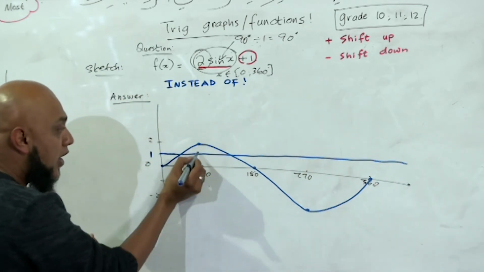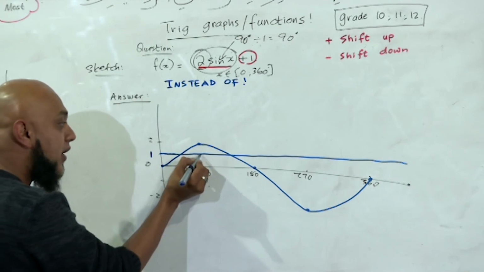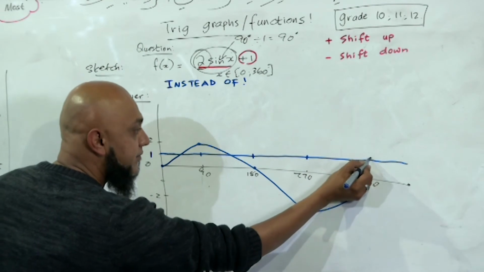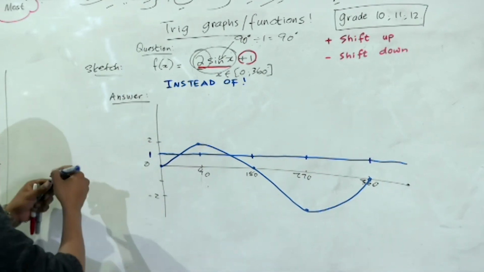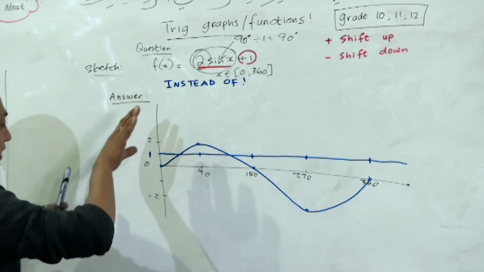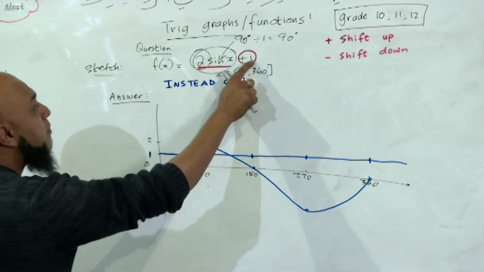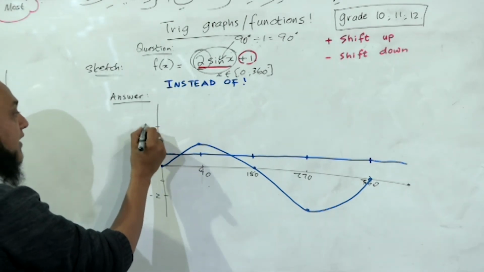And you put your new markings directly above your old markings. Instead of your graph reaching a height of 2, it's now going to go 2 plus 1, so it's going to reach a height of 3.